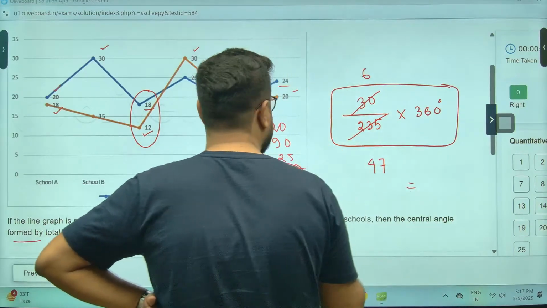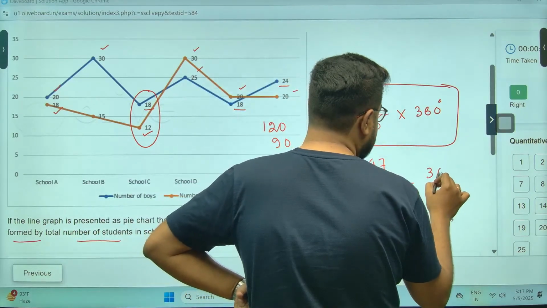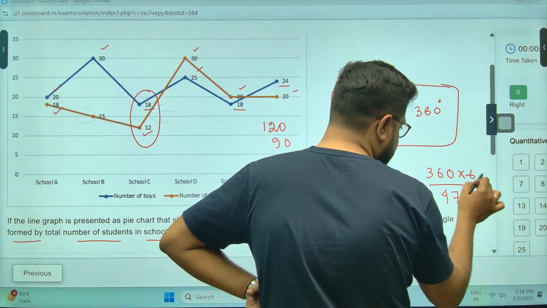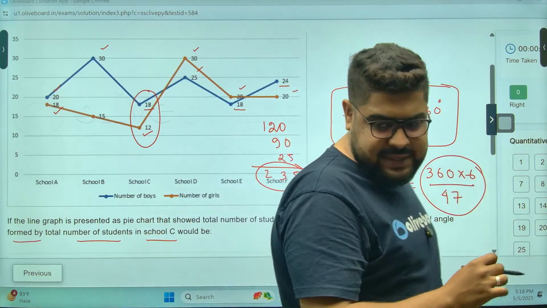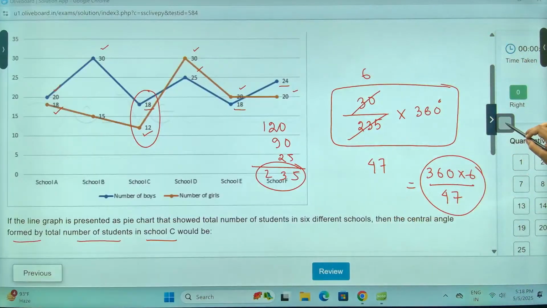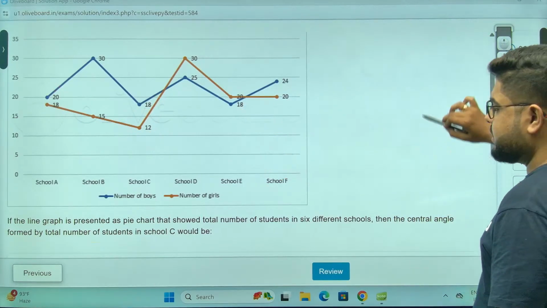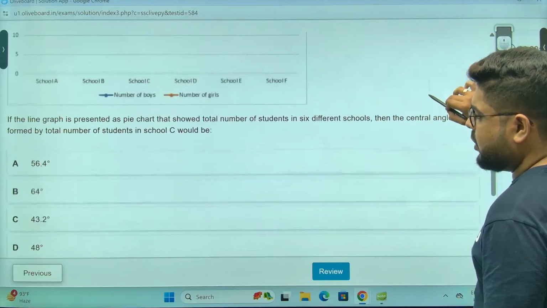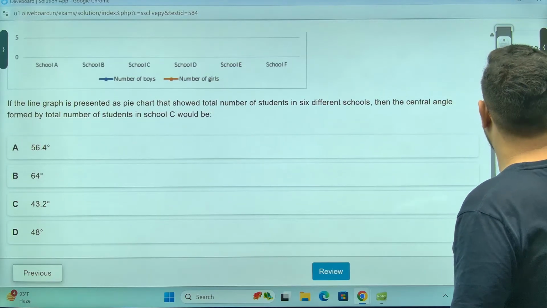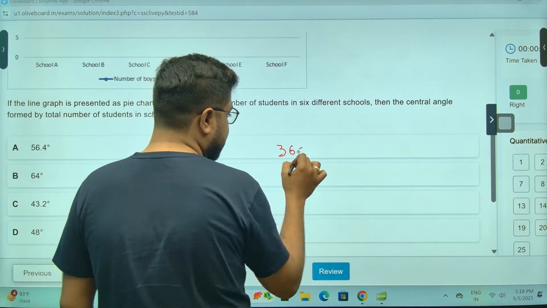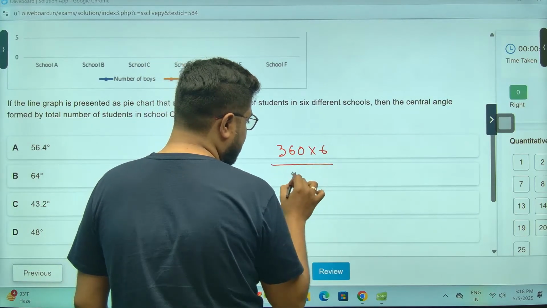The options are very weird. 360 into 6 by 47. Everyone, please keep this in mind and let's see what the options are. Remember, 360 into 6 by 47. Huh, the options are not that bad. 360 into 6 by 235.